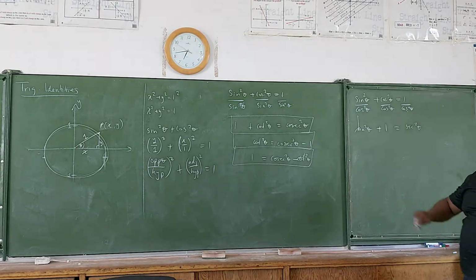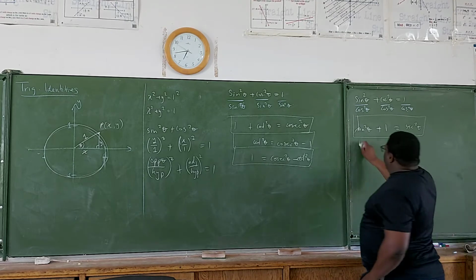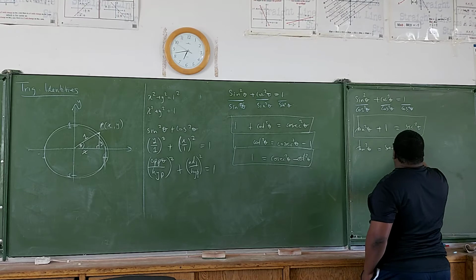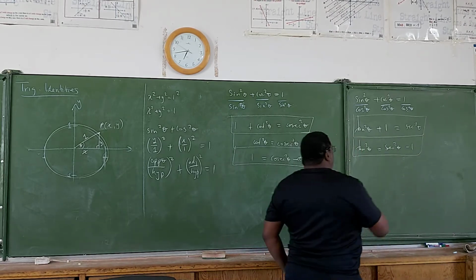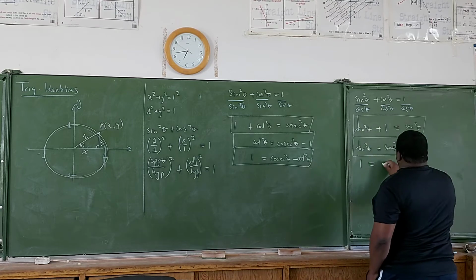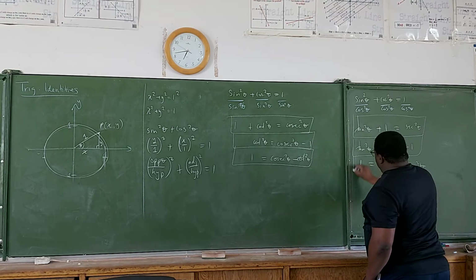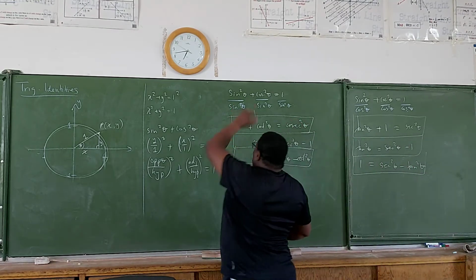That's another one. Now, let's play around making something the subject of the formula. Tan squared theta is equal to sec squared theta minus 1. Here's another one. Then 1 equals sec squared theta minus tan squared theta. There's another one. 1, 2, 3, 4, 5, 6, 7 with the main one.